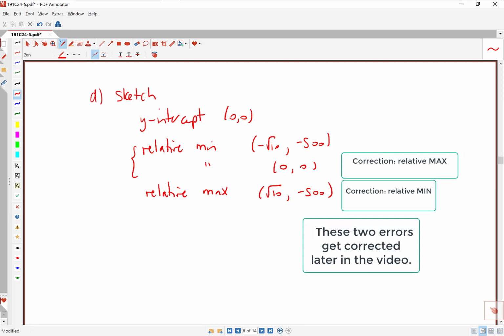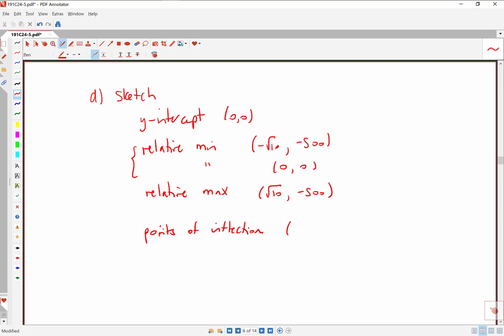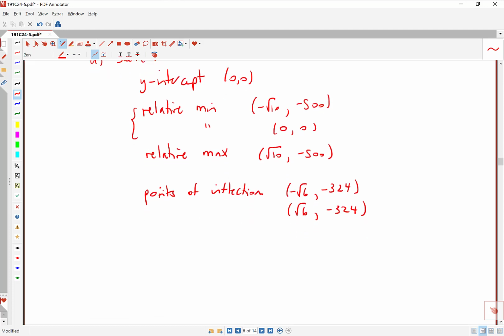And then finally, we found some points of inflection. So the x coordinates were minus root 6 and positive root 6, and the y values that went with that were negative 324 for both of them. Okay, then the other thing you could do, just to make your life a bit easier in terms of sketching, maybe just over on the side, we want to have a ballpark of what root 6 looks like roughly and what root 10 looks like roughly, because we're going to be using those numbers a lot.